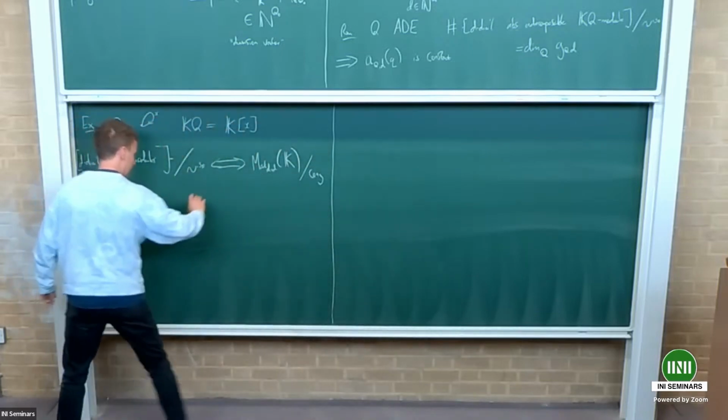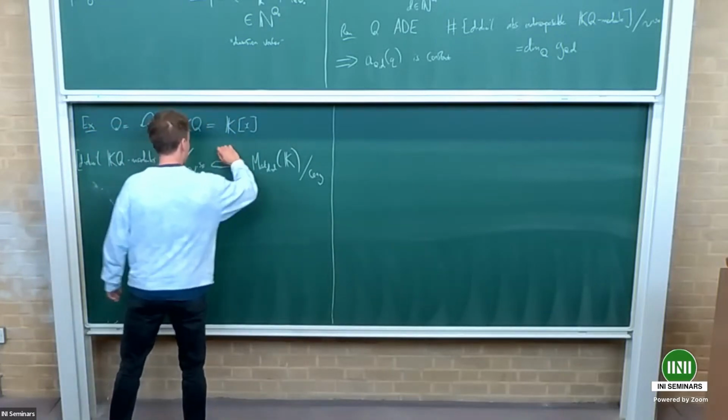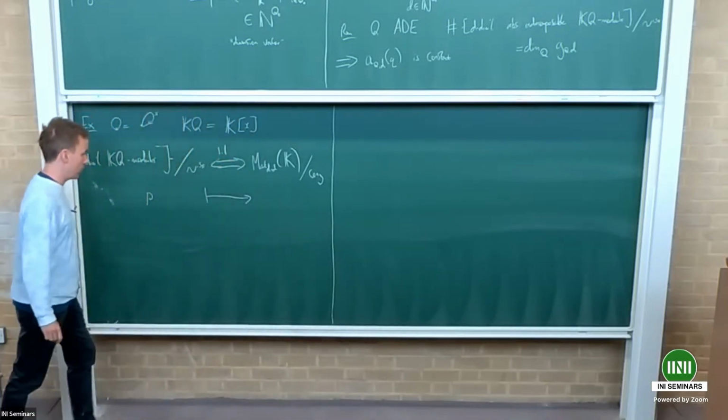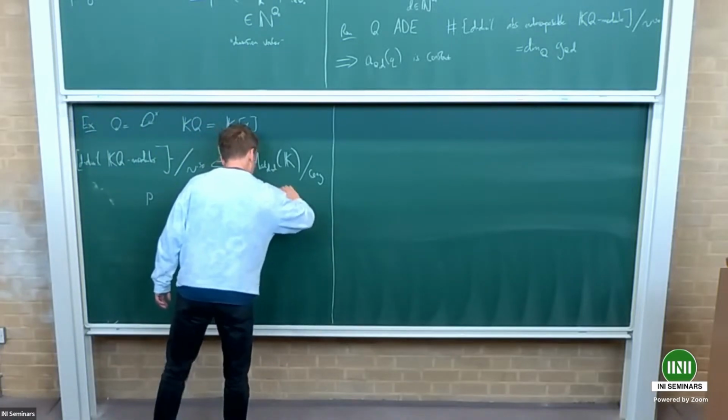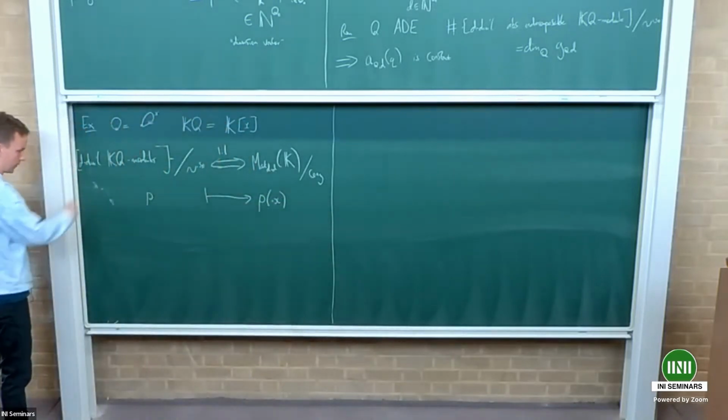And what this assignment does is send a module rho to whatever the action of X is on the underlying vector space of rho.